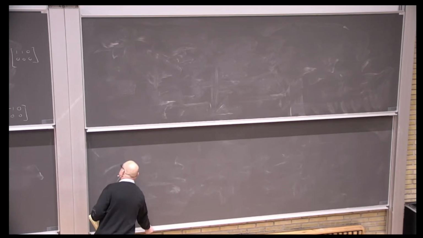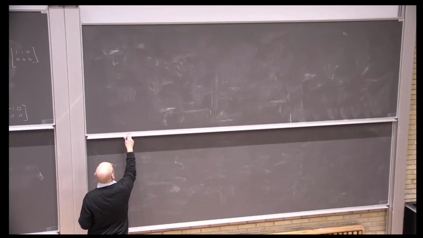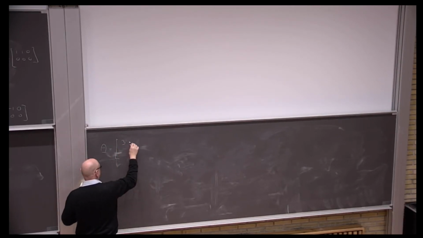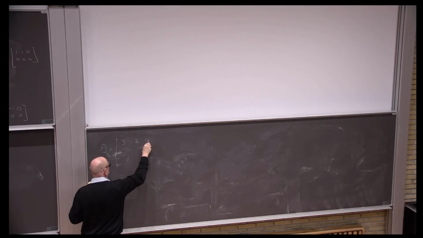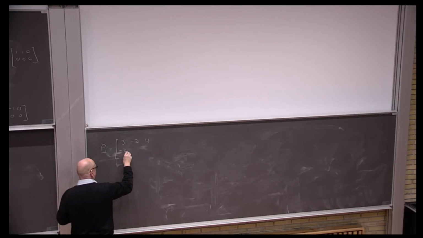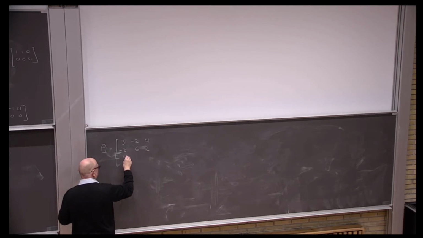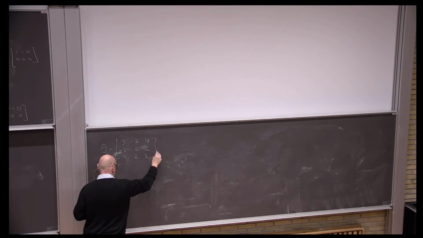Last example. You have the matrix A here: 3, minus 2, 4, minus 2, 6, 2, and then 4, 2, 3.